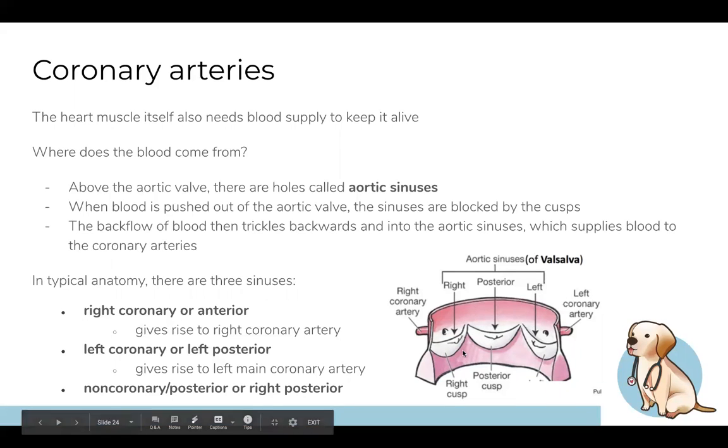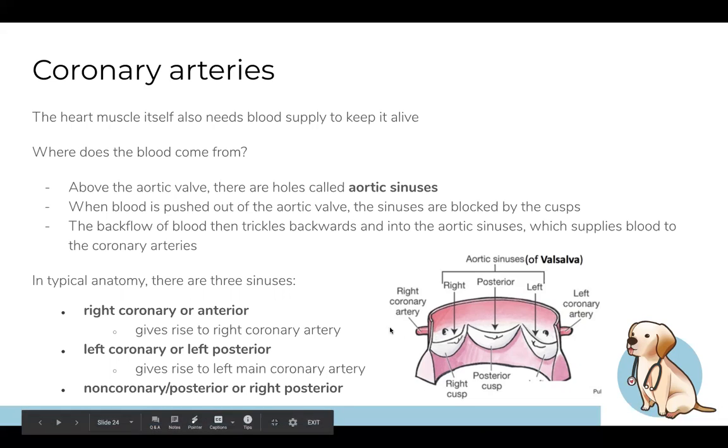Secondly, the valve is closed, so it can't actually get back into the heart. So it lands in these leaflets and then flows into these aortic sinuses. The heart isn't directly pumping blood into these arteries, but they get blood from the backflow of blood from the aorta. And then they run through and supply blood to the heart.